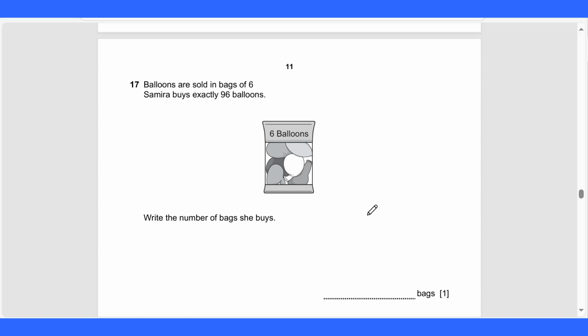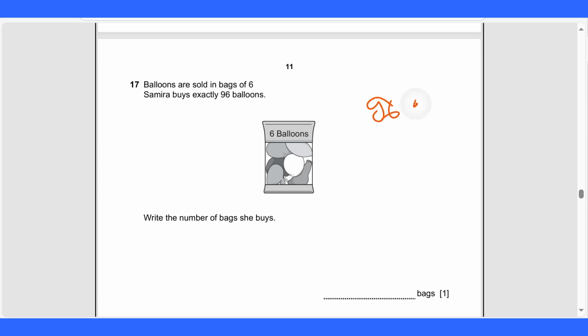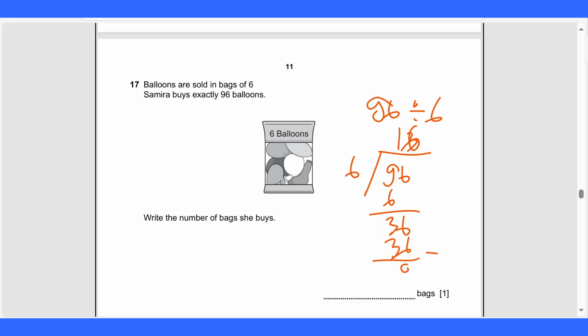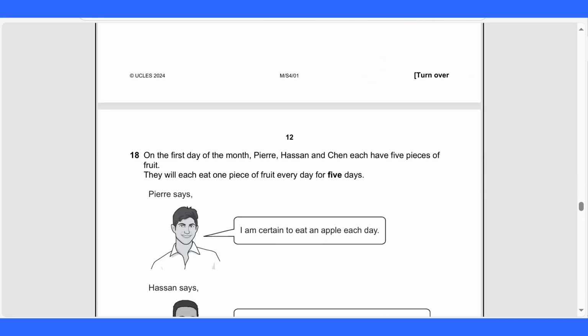So 96 divided by 6, guys, is equal to 16. 6 times 6 to get 36. So we have to write 16 as the answer. You get it correct? Next, number 18.